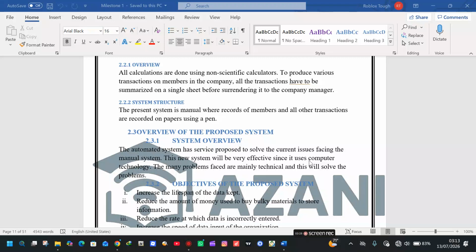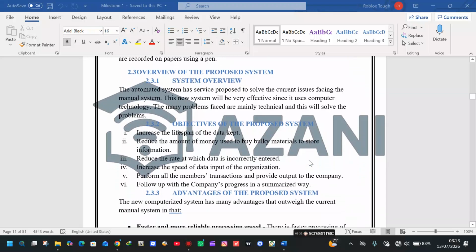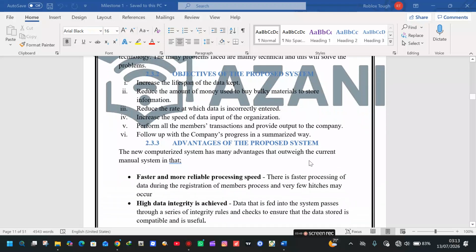So the overview of the proposed system, the automatic one. The automated system has been proposed to solve the current issues facing the manual system. This new system will be very effective since it uses computer technology. The many problems faced are mainly technical, and this will solve the problems. So the objective of the proposed system: what do we want in the new system that we are creating?